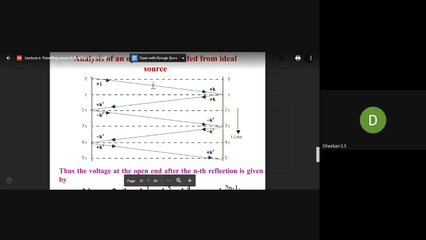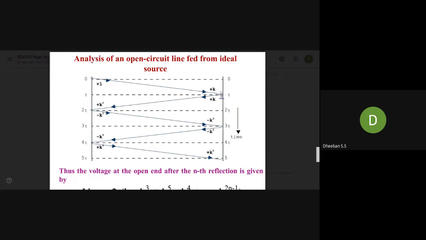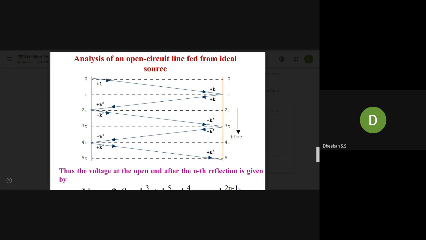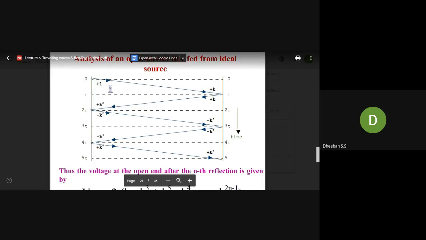When hitting junction 2 at the time period t, you'll have some kind of attenuation or losses, so that is plus k. Before that you won't have any attenuation or losses. It directly comes out from your ideal source, so you'll take the value of plus 1.